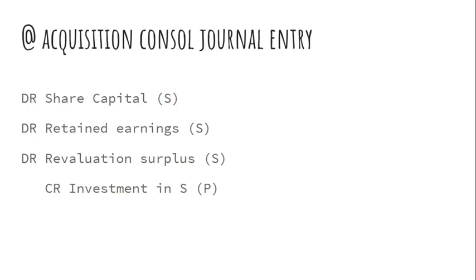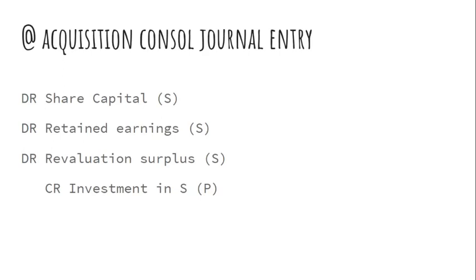And that was identified as the at-acquisition equity of S and the investment made by the parent in S. And to achieve the elimination of an equity item which is normally measured and recognized as a credit, we need a debit entry.